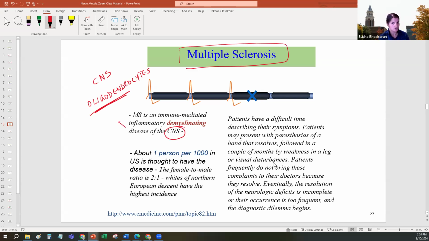It's important for us to know. It is an autoimmune or immune-mediated inflammatory demyelinating disease of the CNS, which means the oligodendrocytes are inflamed or irritated. They are not able to make enough myelin. Got it? That reduces the speed of transmission.